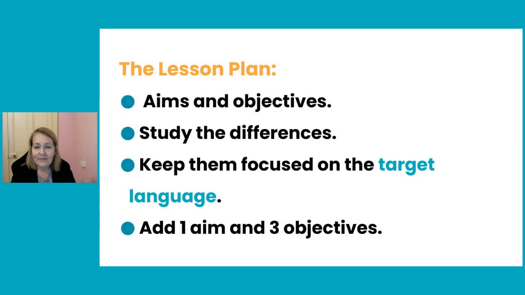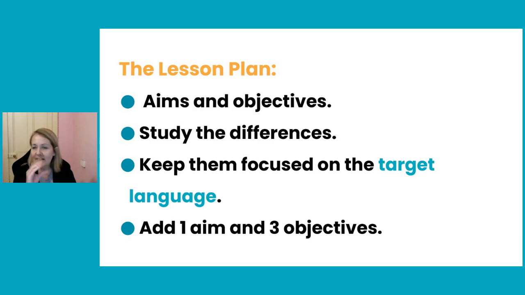Okay. So right at the top of your lesson plan, you've got a section where you need to outline your aims and objectives. So the aim is to teach the grammar, and objectives will be breaking it down. So the objective is the students will do a worksheet. They will work out how to use that grammar by putting sentences together.